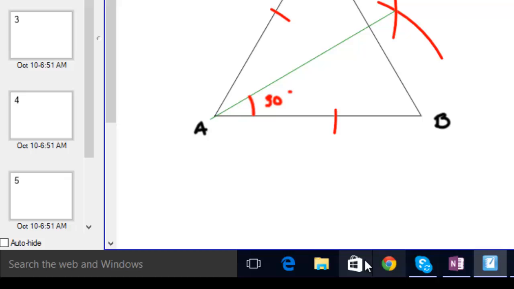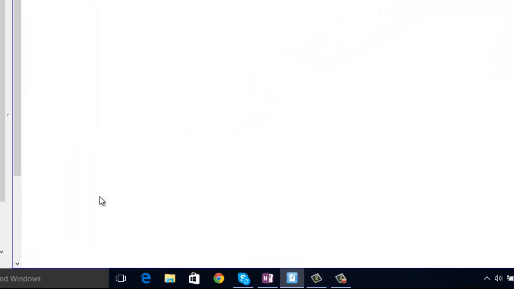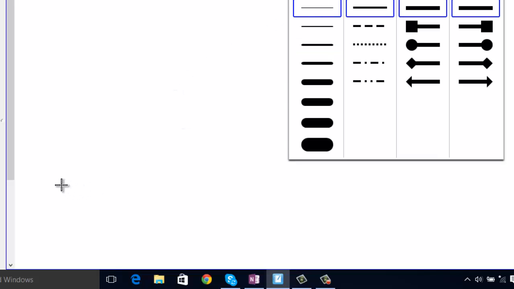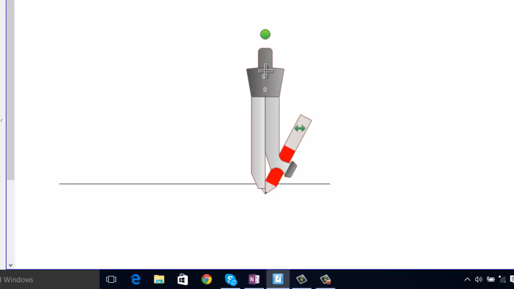So let's create this example from the beginning. Here we go. I draw a segment line from any point to any point. I don't care about the dimension. Next, I ask to bisect this segment to have the 90 degree. So again, I ask for the compass.